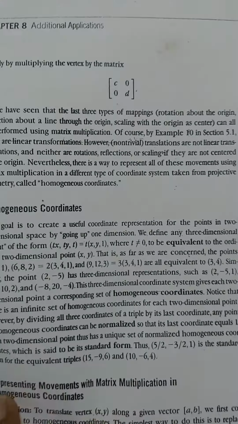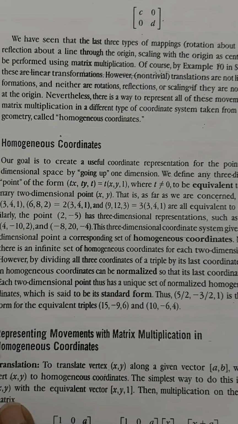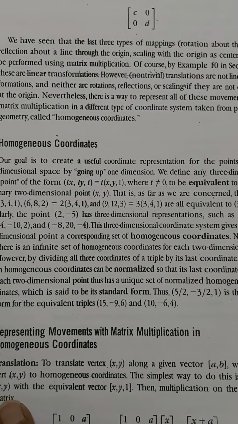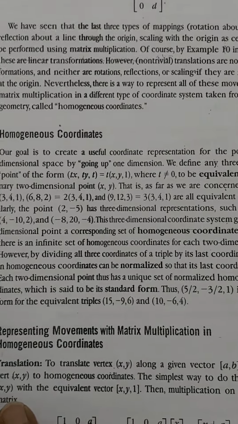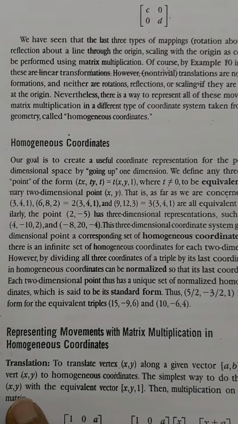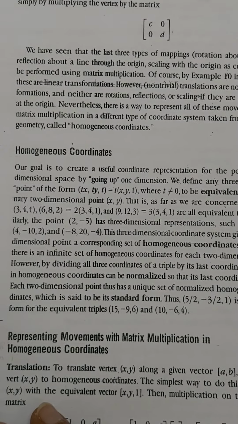homogeneous coordinates. Homogeneous coordinates means what? Say we have a figure in R2. Every vertex is represented by two coordinates.